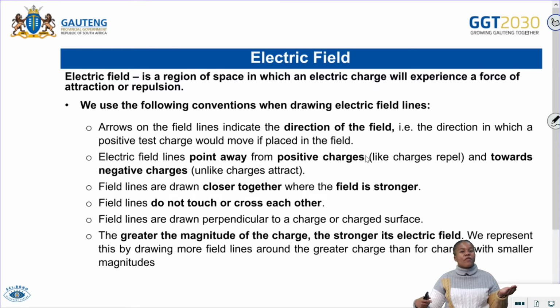So they are moving from the positive charge and into the negative charge. Okay, so even if you have like charges, when a positive charge is interacting with another positive charge, the electric field lines are going to be pointing away from the positive charge.